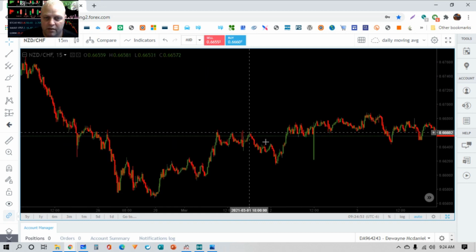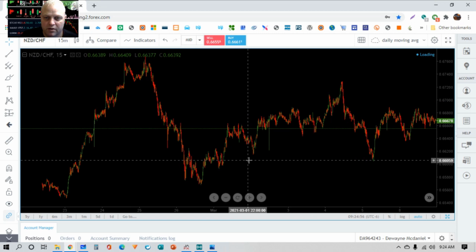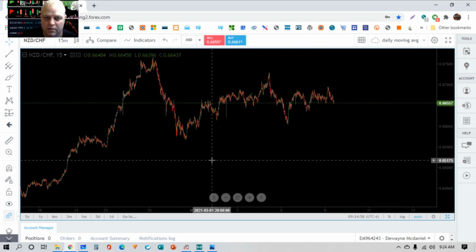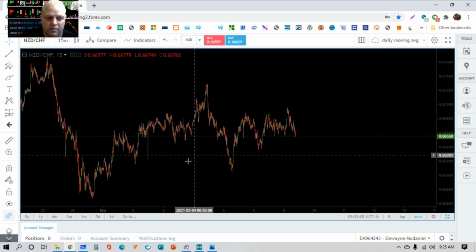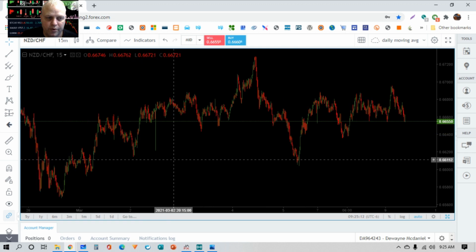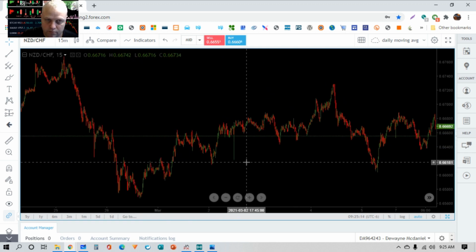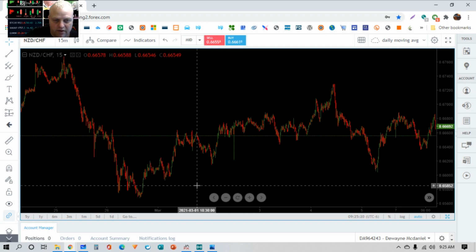And they could be, let's see if I can zoom out. They could be huge, they could be small, they could be a whole day. I mean, it could be a lot of it consolidating together.